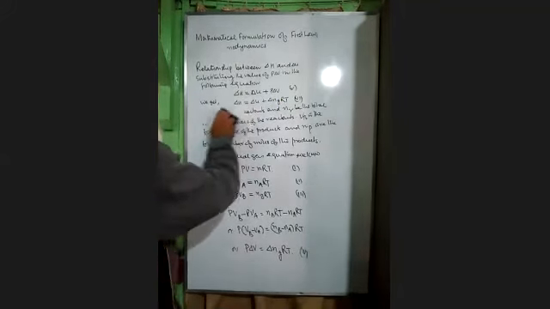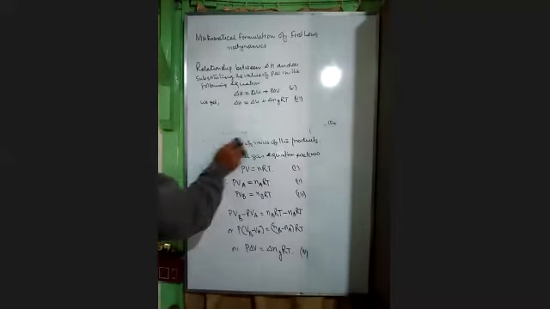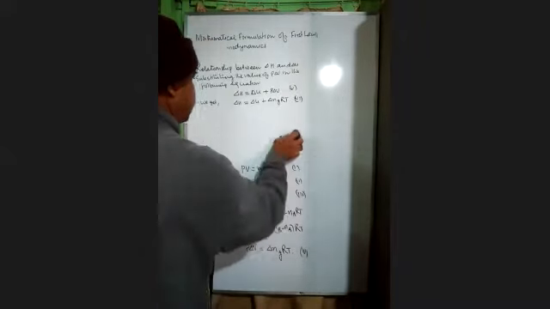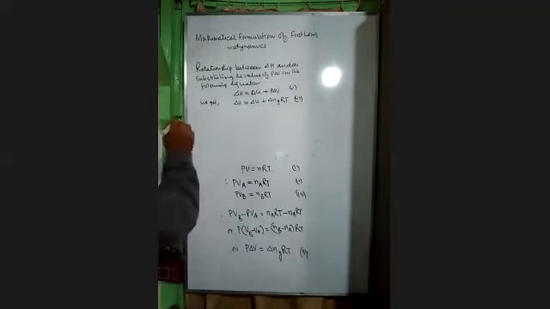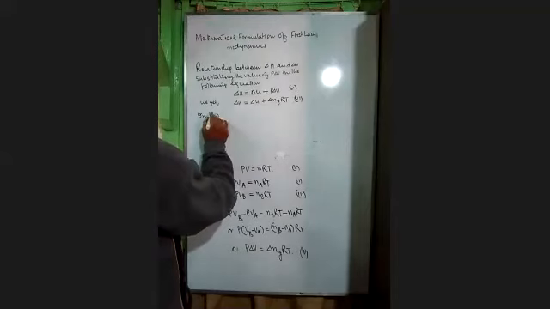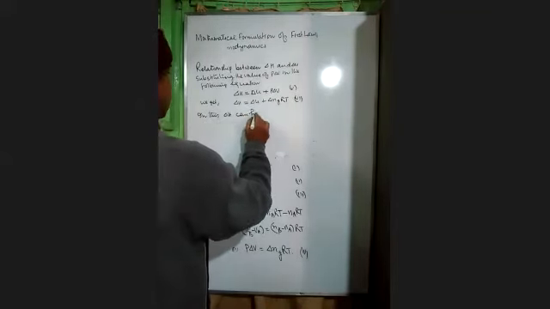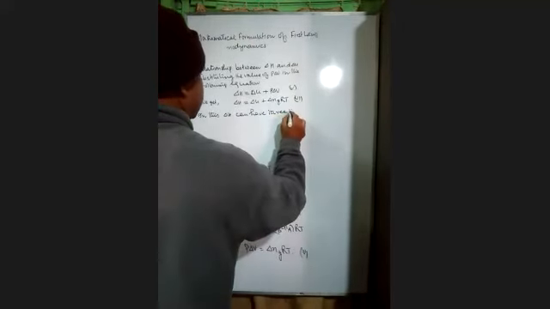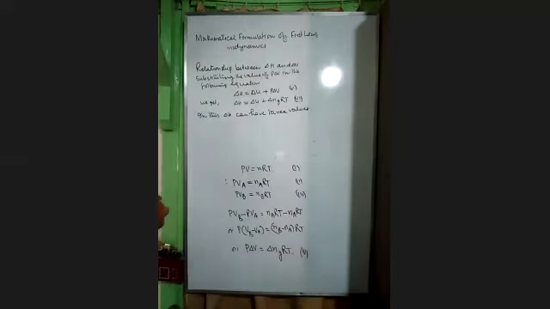So let us try to find out what relationship they have. See here, in this case, delta H can have 3 values.